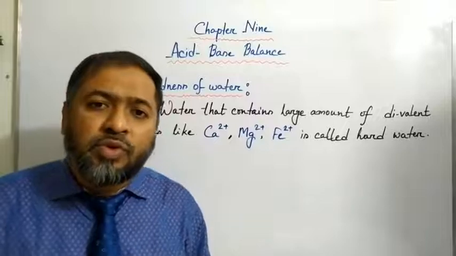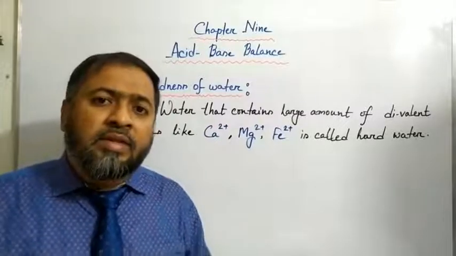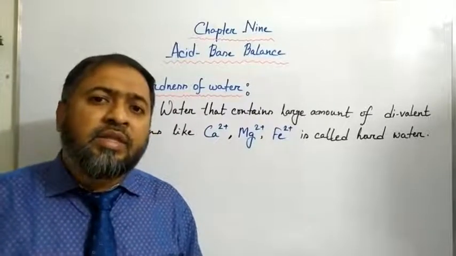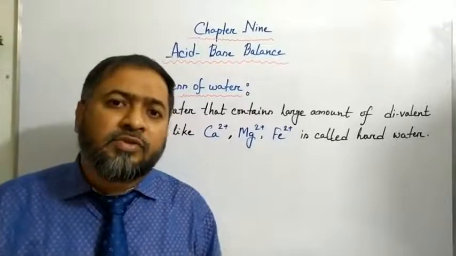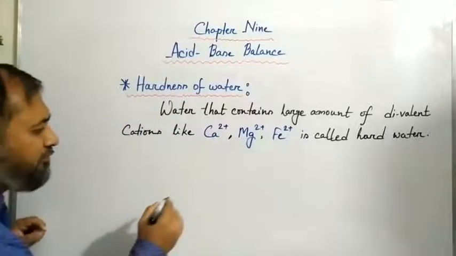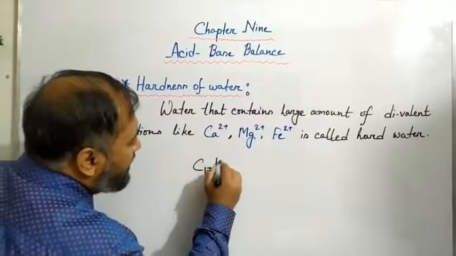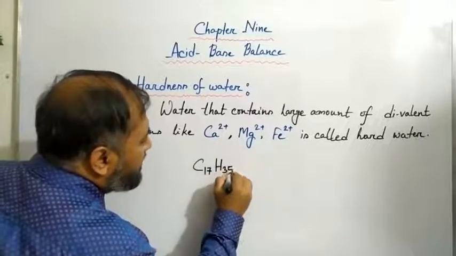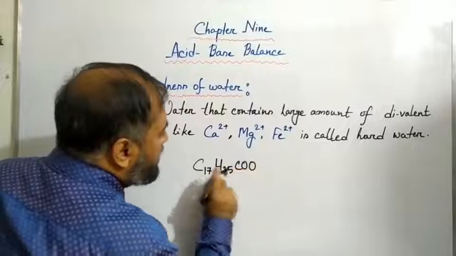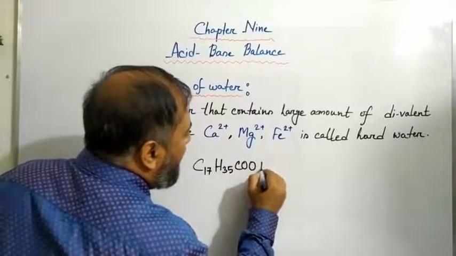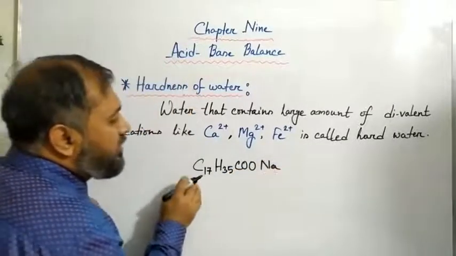Now I am going to show you how the stearate ion reacts with calcium and magnesium salt. We know the formula of soap is C17H35COO, which is the stearate ion, and this is known as soap.